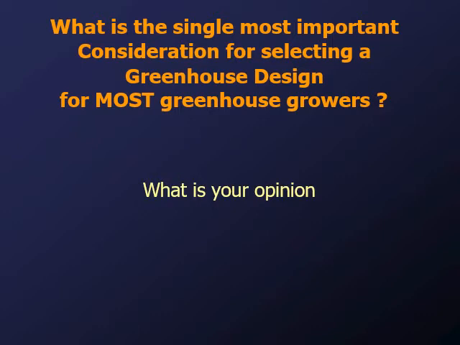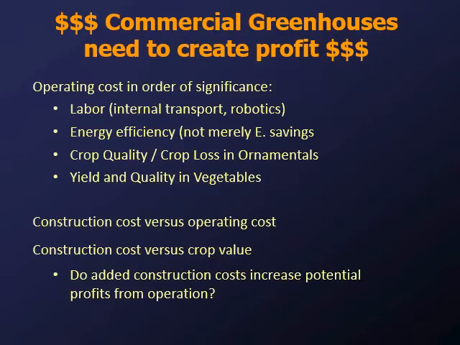But looking at that, what do you think the most important design factor is for a greenhouse? Typically, greenhouses have to make money. Unless you're a government greenhouse, everyone that has one has to make money, which means you have to generate enough money to cover your costs.